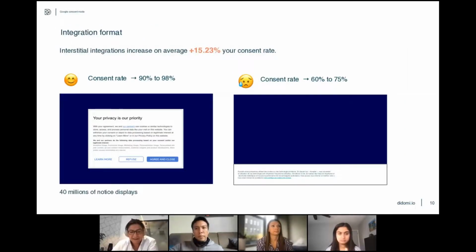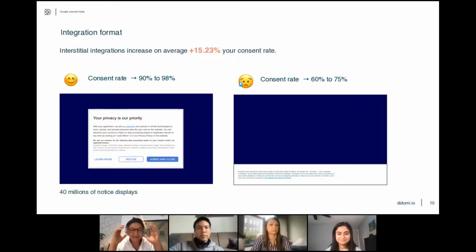The third advice is the format of integration. There are two main formats that we handle today: the pop-in or full screen, which blocks you from the content, and the banner. The banner always has a lower consent rate. The explanation we give is that a banner is kind of a pollution.